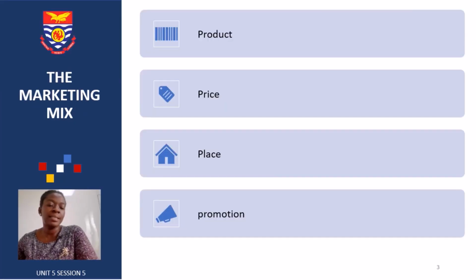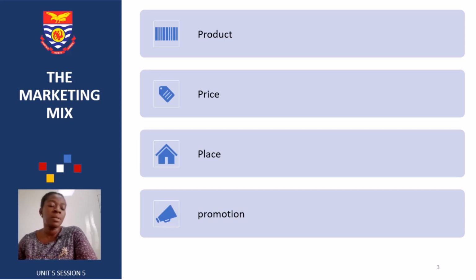When we're looking at the marketing mix, you're looking at how you're going to apply the various marketing elements, which are price, promotion, place or distribution, to effectively meet the needs of your customers by giving them the various products they would need to satisfy them.